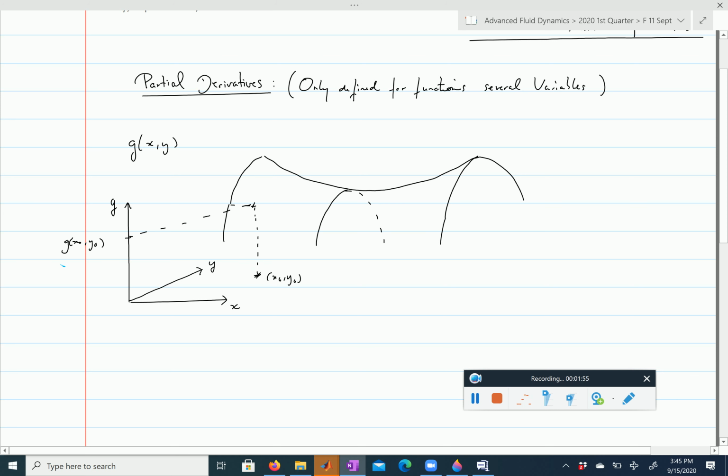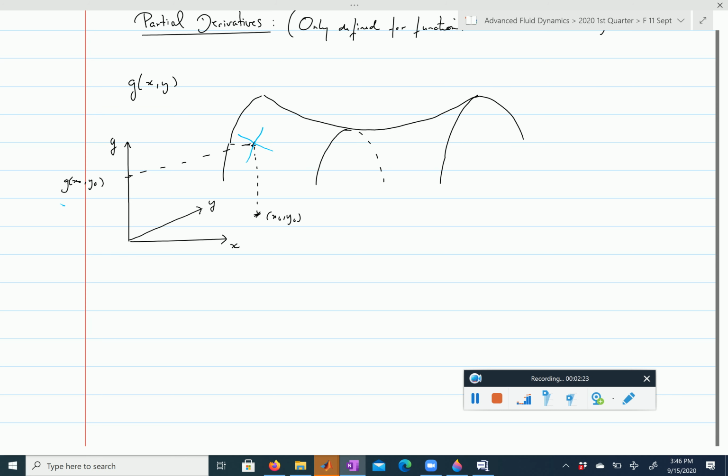So here, for instance, if I'm moving along the x-axis, so if I go from x naught to x naught plus delta x, then the value of the function is decreasing. But if I am moving along the y-axis, so if I'm going to y naught plus delta y, then the value of the function is increasing. And that is why you need partial derivatives. That's exactly the information which is included in the partial derivatives.